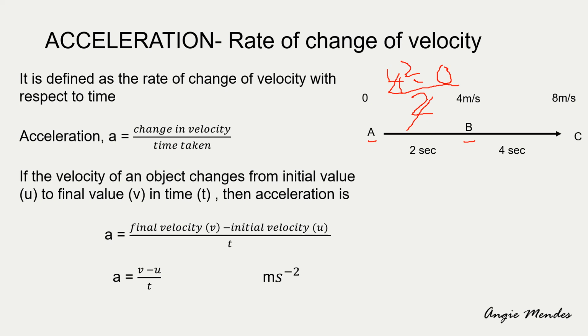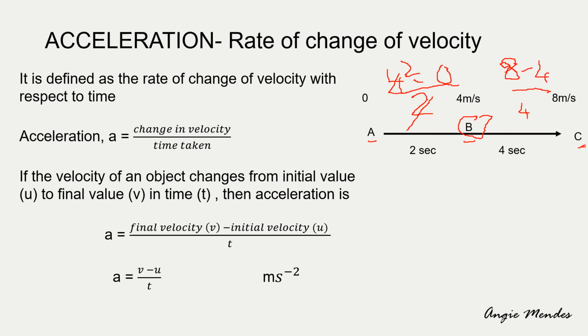Now if you take the position of the object moving from B to C, so we are taking now B as the initial velocity and we are taking C as the final velocity. So in this case, it will become the final velocity, which is 8 minus 4, divided by 4.